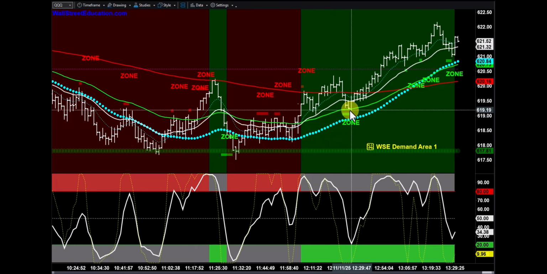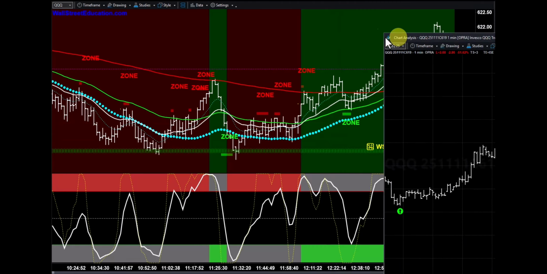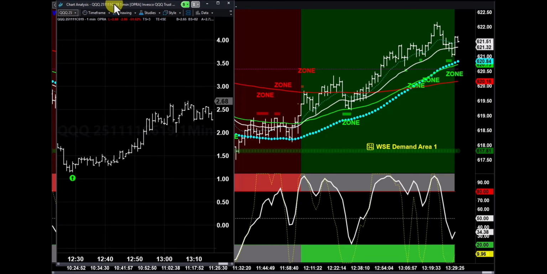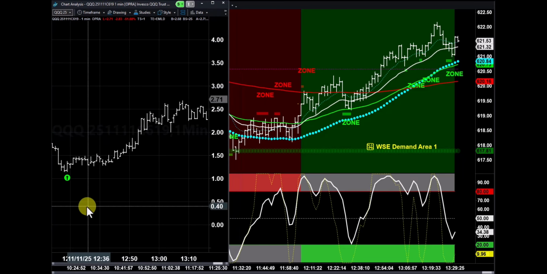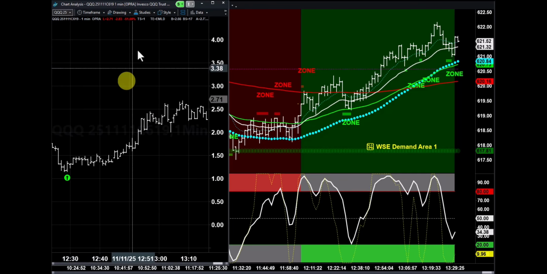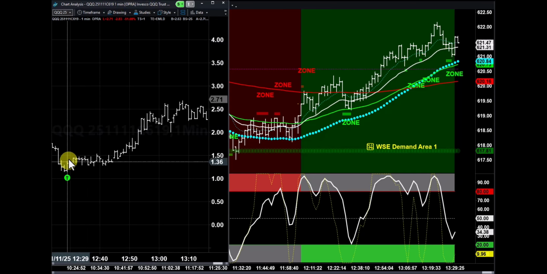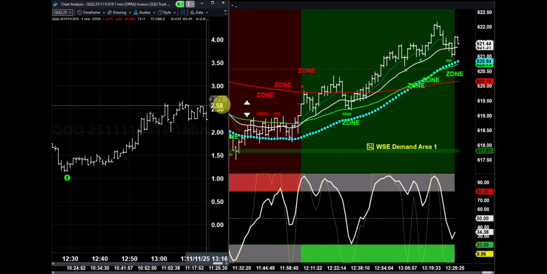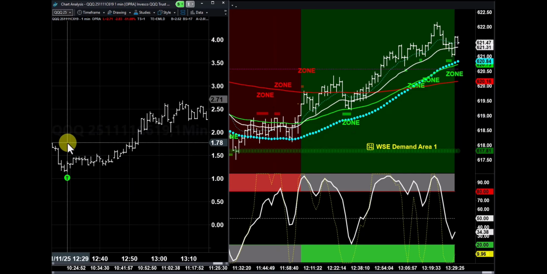Right here at approximately 12:29, we would have bought, hypothetically, everything has to be hypothetical these days, a call option, and I chose the 619 strike price. I put an arrow right at 12:29 where the SlingShot Gap qualified, confirmed, and the open price of this bar was 118.